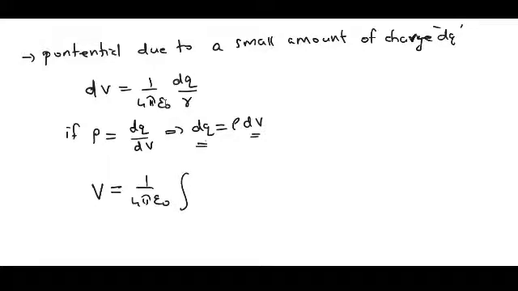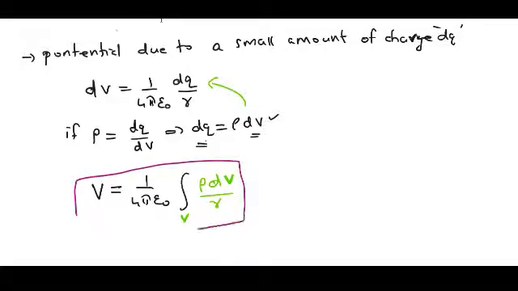Instead of dq, substitute rho dV and do the integration. Then you will get integration rho dV divided by r. This is a volume integration. Be careful, this dV is a volume, not the electric potential. This is the electric potential due to a volume charge density.